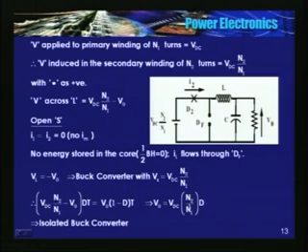If this is 1, this is nothing but V0 is equal to VDC into D. So the forward converter is also known as the isolated buck converter.